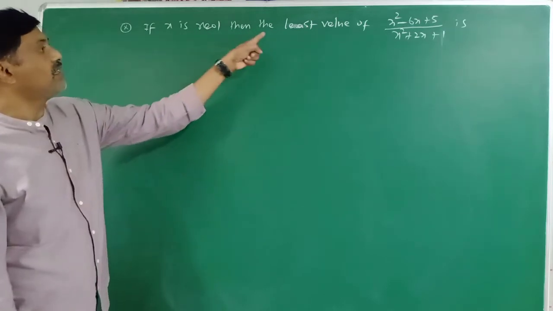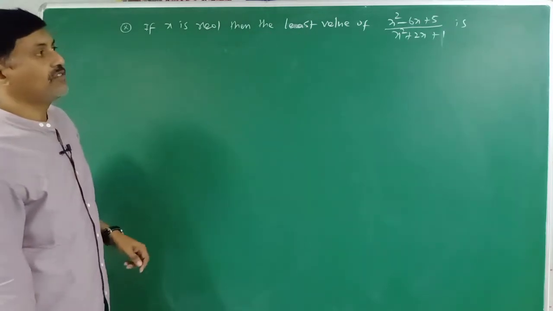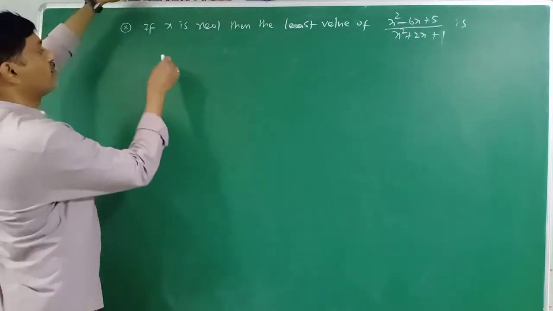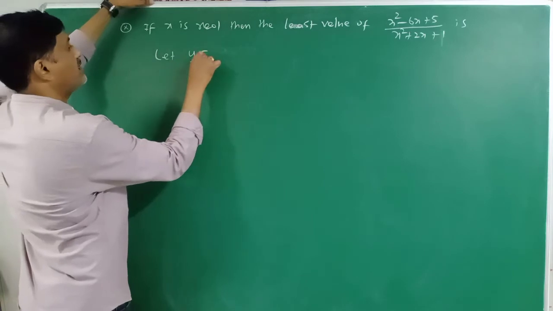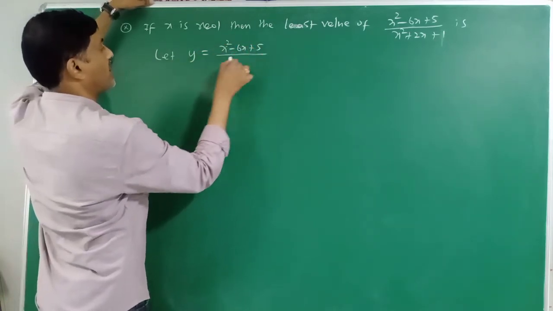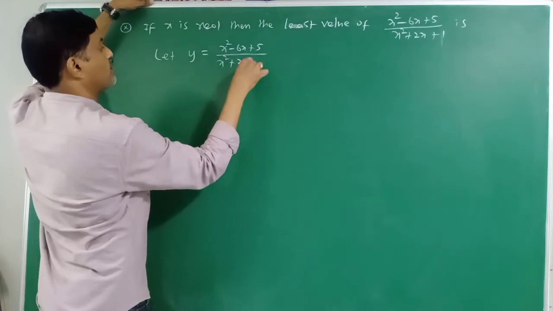If x is real, then the least value of x square minus 6x plus 5 upon x square plus 2x plus 1. Okay, let y is equal to x square minus 6x plus 5 by x square plus 2x plus 1.